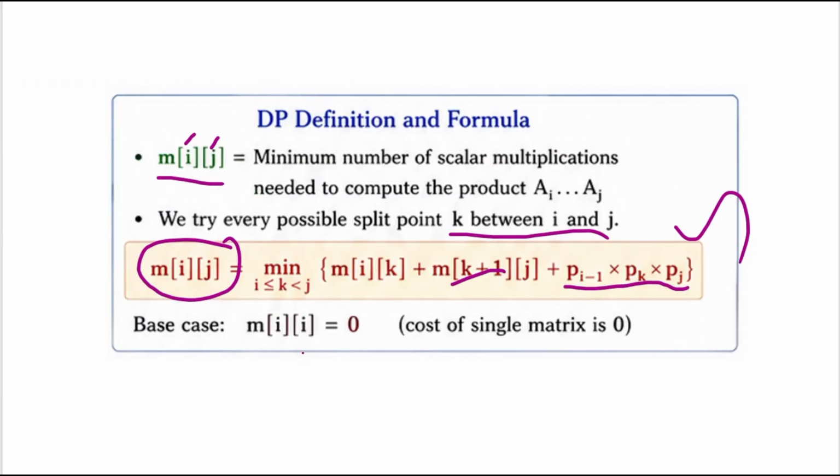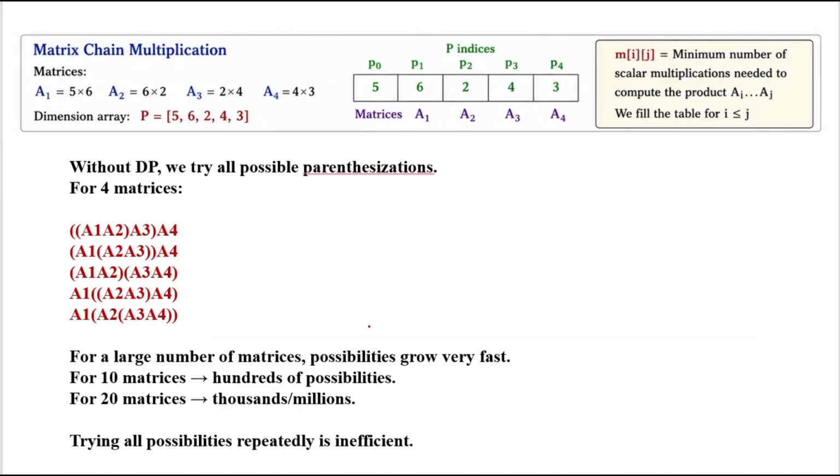So the base case is M[i][i], which means multiplying the same matrix. A1 with A1, the cost is 0, because we cannot multiply the same matrix again. One important rule is there in matrix multiplication. What is the rule? The column number of the first matrix must match the row number of the second matrix.